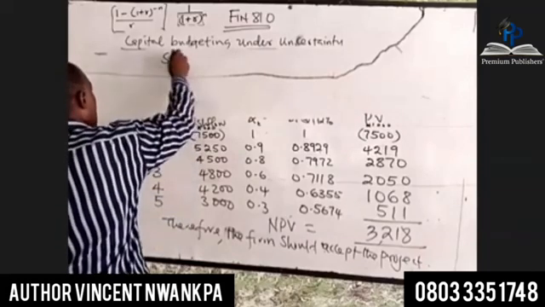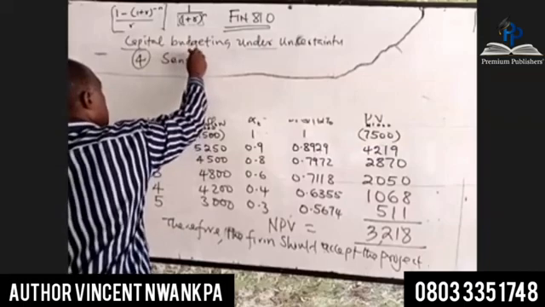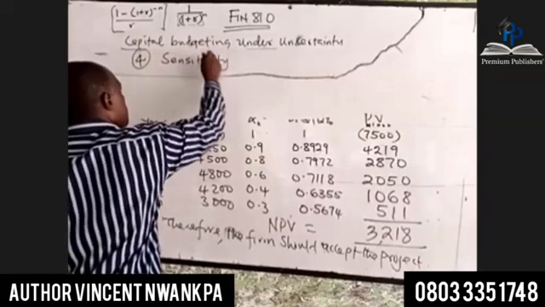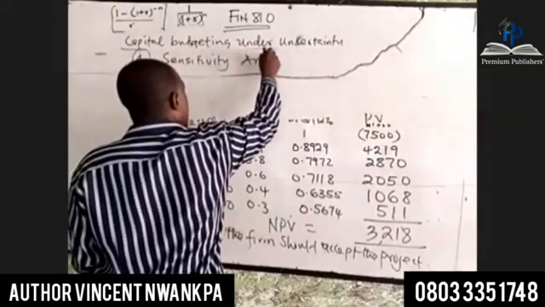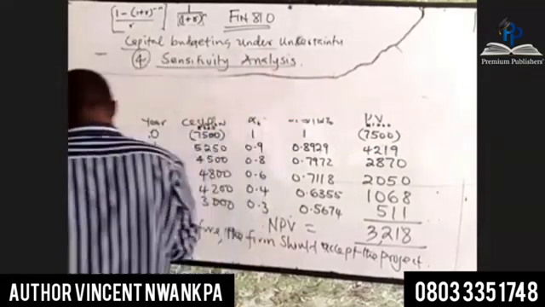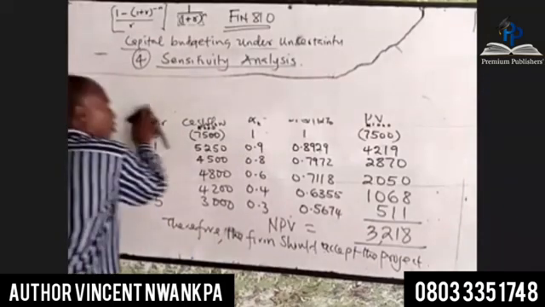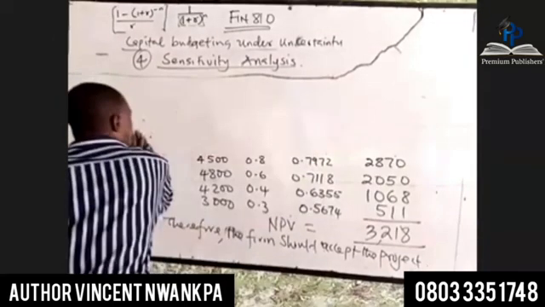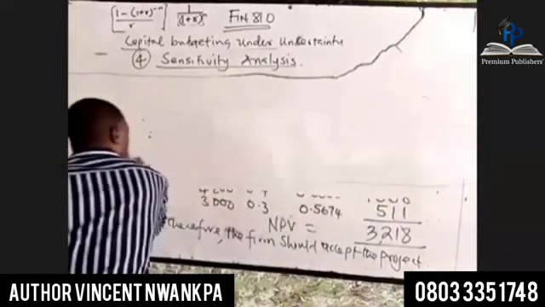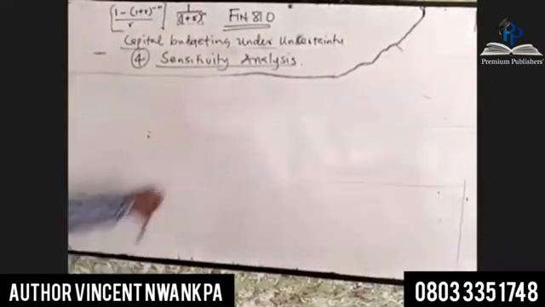Number 4, the last one: Sensitivity Analysis. Just a simple logic. If you look at the question in your group, the question has Roman figure 1, 2, 3, and 4.